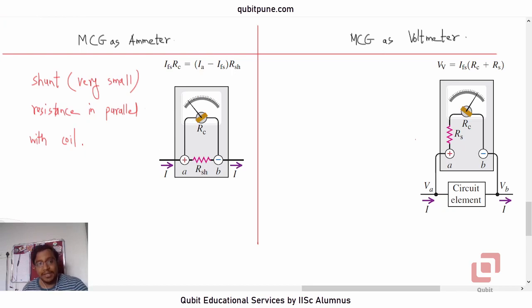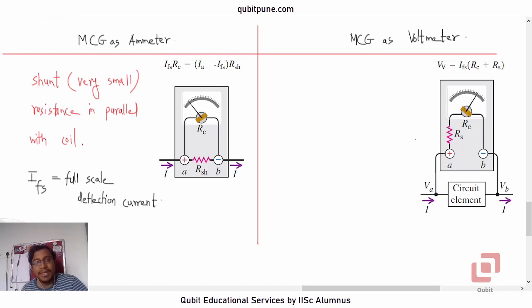The deflection will be produced, and you can apply Kirchhoff's laws, junction and loop rules, to arrive at this. I_FS refers to the full scale deflection current, and I_A refers to the current through the ammeter, the entering current.